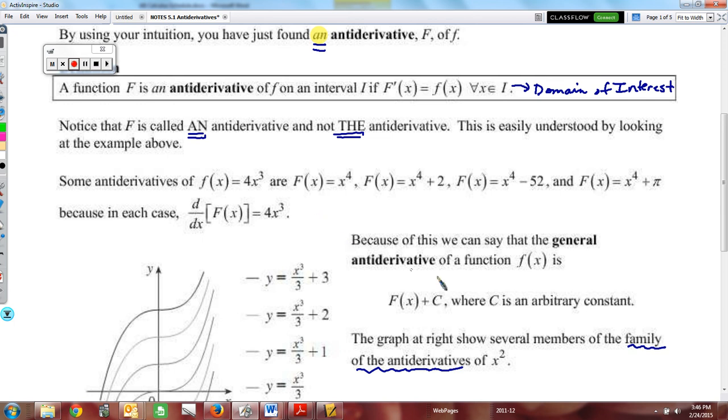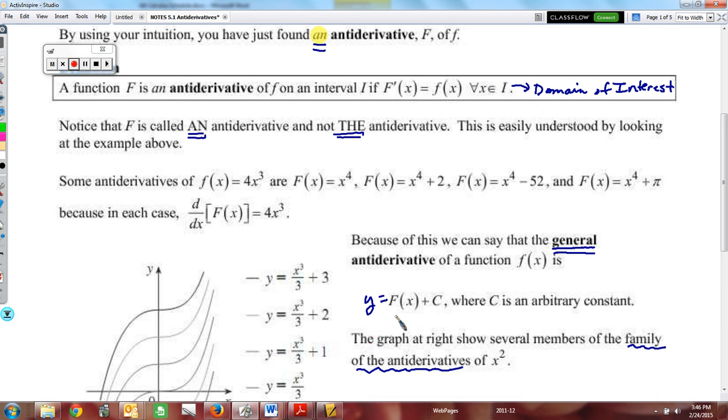And that's why when we talk about the general antiderivative, we always recognize that our function, the antiderivative, capital F of x, plus a constant, will give you what the original function was, what the original y equals was that you started with.